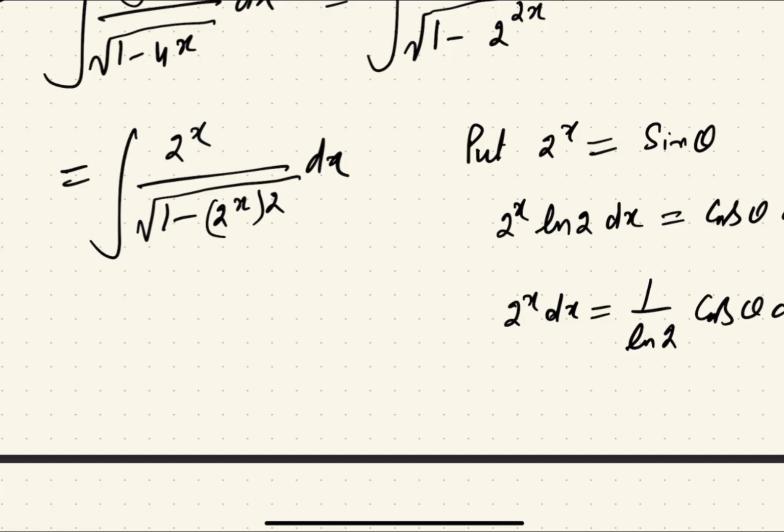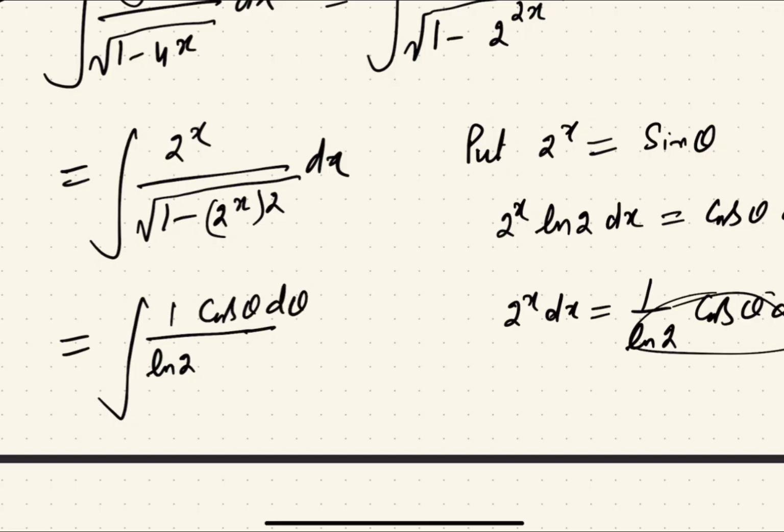Okay, this one will be replaced with this, and you will get 1 over ln 2, cosine theta d theta, and in the denominator the square root of 1 minus sine square theta.